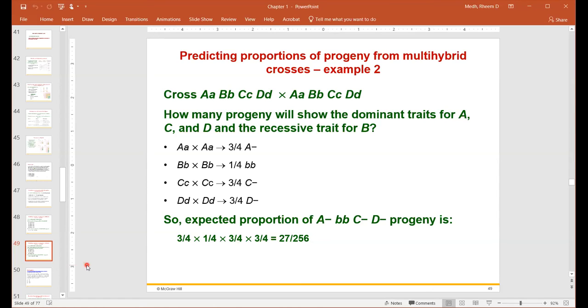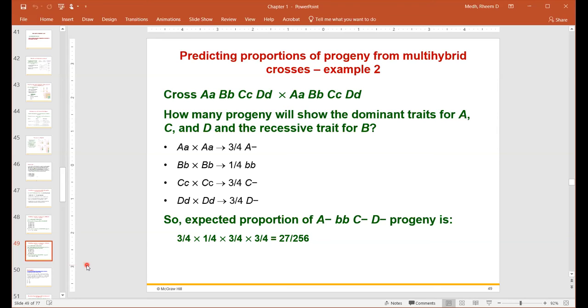So that's going to be 3 out of 4 multiplied by 1 out of 4, multiplied by 3 out of 4, multiplied by 3 out of 4. So this is going to be 3 times 3 times 3, which is 27, divided by 4 times 4 times 4 times 4, which is 256. Okay, got that?